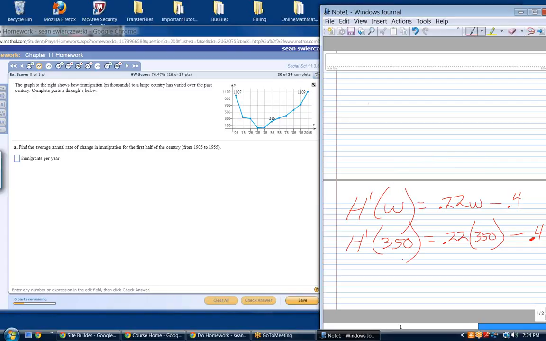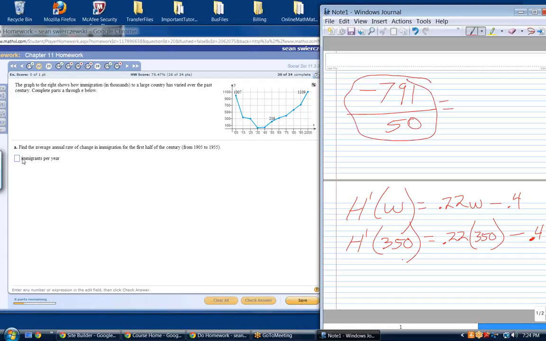So minus 791, divided by how many years? Because we want an average, which is an average immigrants per year. The difference between 1905 and 1955 is 50 years.